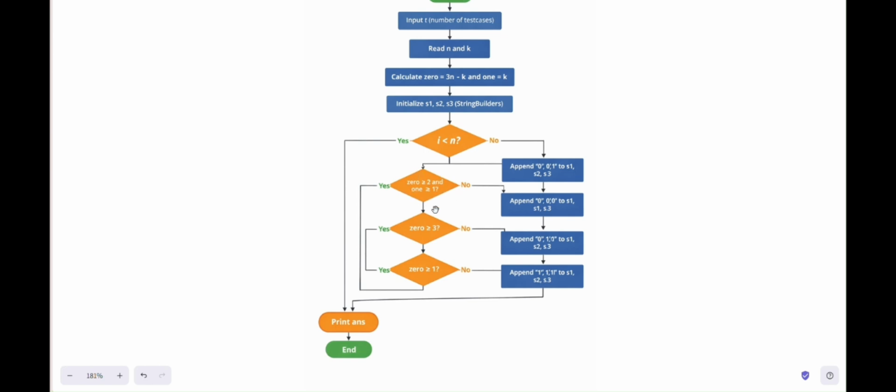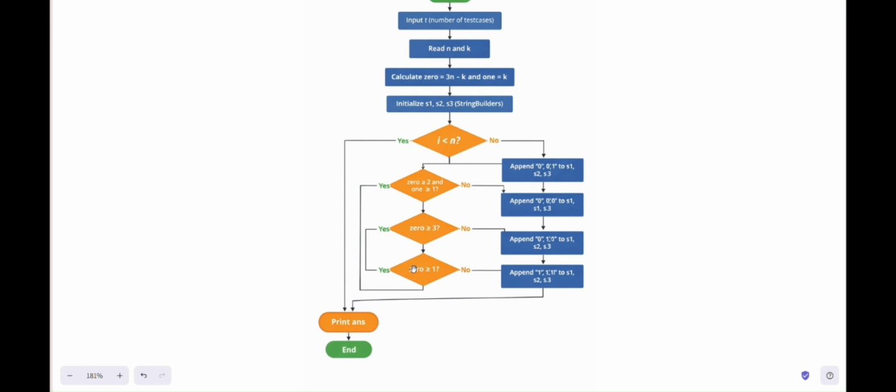Okay. Now we'll check the next condition. If this is not true, then we will check this. If the number of zeros is greater than or equal to 3, we will append s1, s2, and s3 with zeros, and we will also decrement the number of zeros by 3. Then we will check if the number of zeros is greater than or equal to 1, since it will not have satisfied the earlier condition to come here.